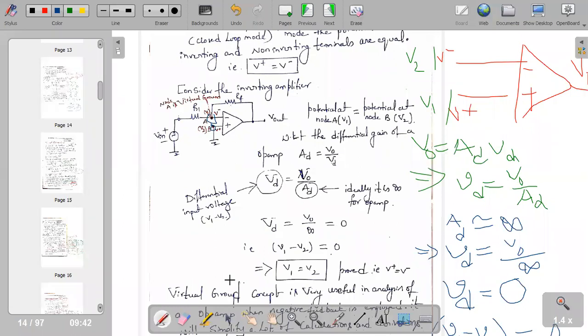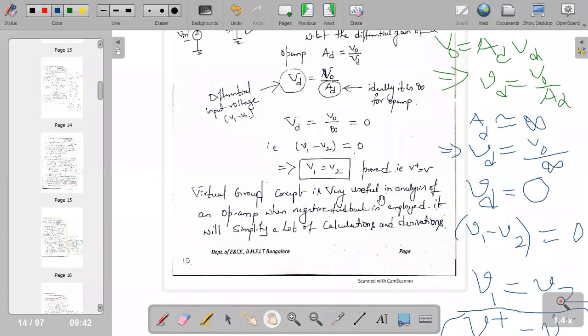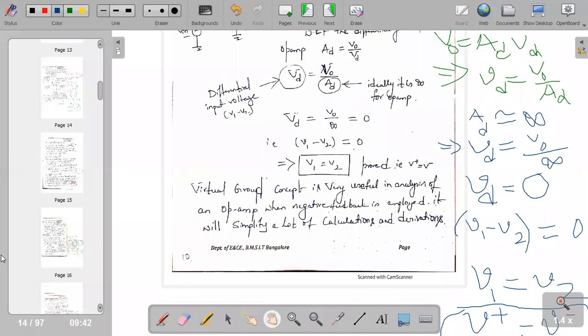This is the virtual ground concept of an op-amp. It is very useful in the analysis of an op-amp under negative feedback, that is, when you use the op-amp in amplifier applications.